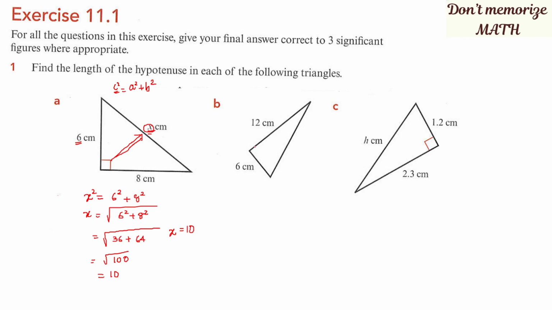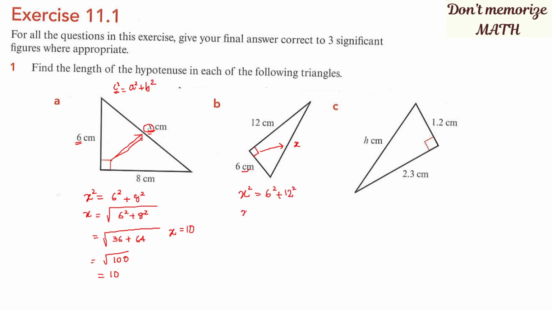Here this angle is 90 degrees. Opposite the 90 degree angle will be the hypotenuse, right? Here they didn't mark anything, so you can just take any letter. So hypotenuse squared equals 6 squared plus 12 squared.